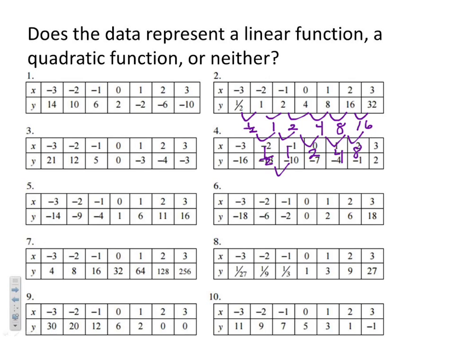Do it again. 1/2, 1, 2, 4. Are the differences the same? No. Is this quadratic? No. So this one is neither.